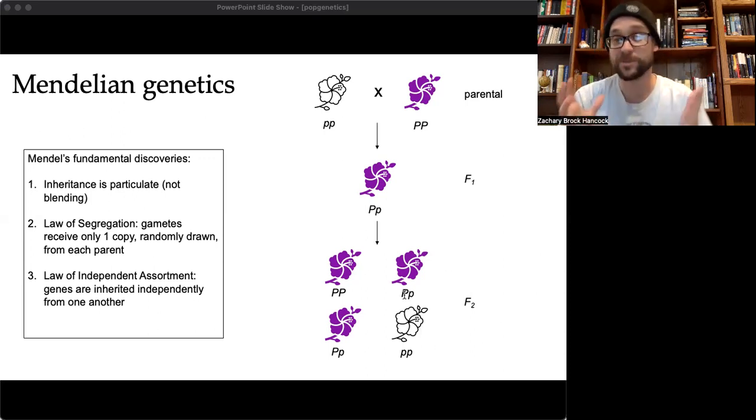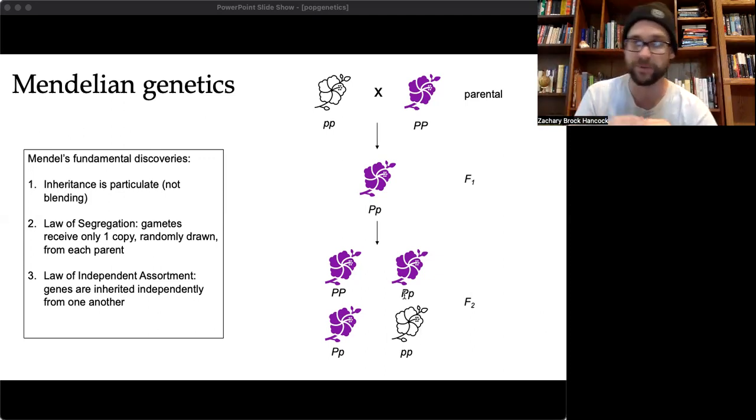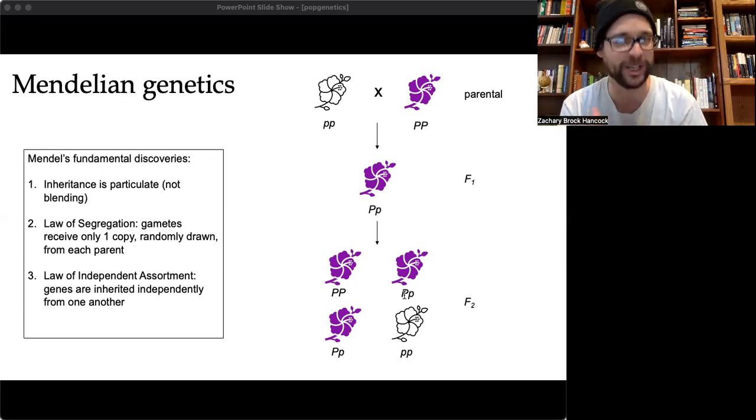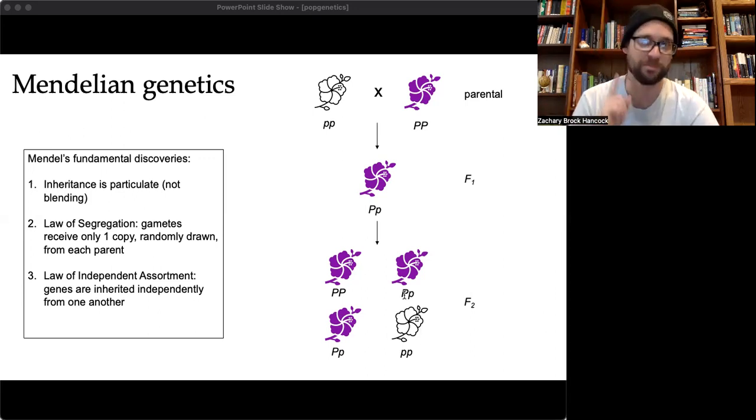So what Edwards did in this perspective piece is present the history of G.H. Hardy, who is the Hardy of Hardy-Weinberg, and talk a little about Wilhelm Weinberg, who also contributed to this theory, as well as other people who were very close, right? This is an important point in science: so many people get very, very close to the right answer but don't quite get there.